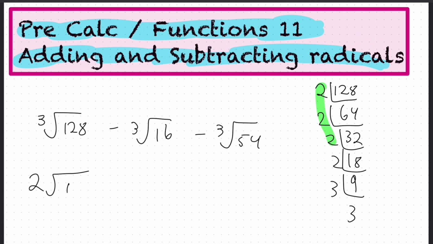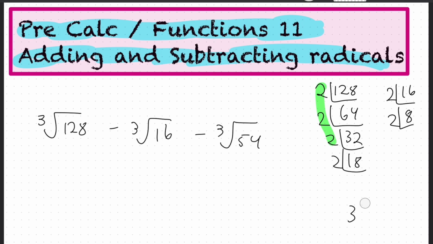So 18 minus 16, so 16, 2, 8, 2. Oh, yeah, I see. This is incorrect.